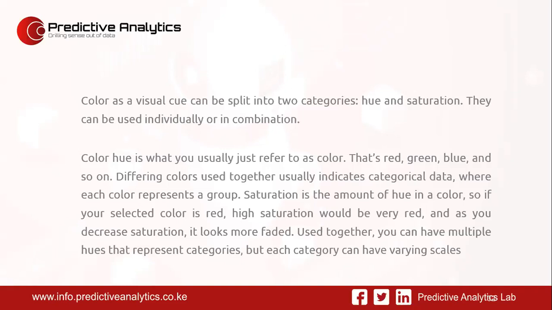Saturation is the amount of hue in a color. So if your selected color is red, high saturation would be very red. And as you decrease saturation, it looks more faded. Used together, you can have multiple hues that represent categories, but each category can have varying scales.